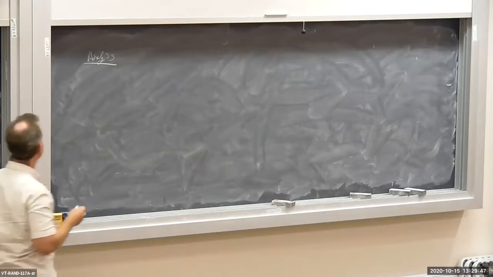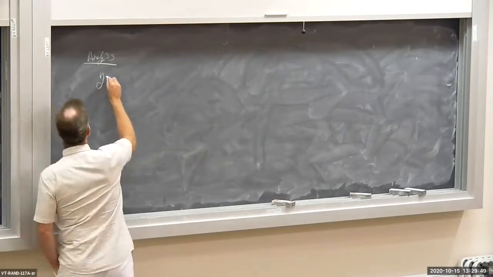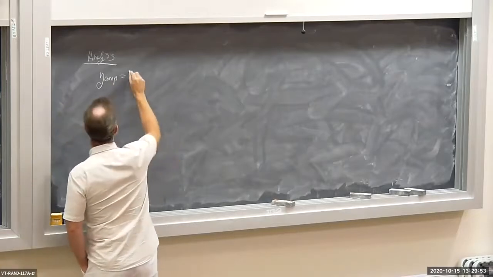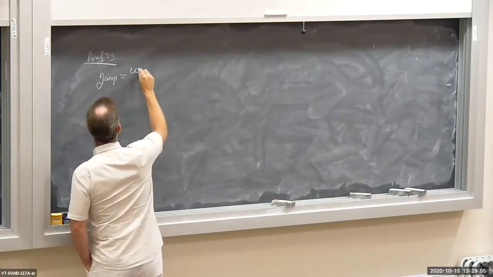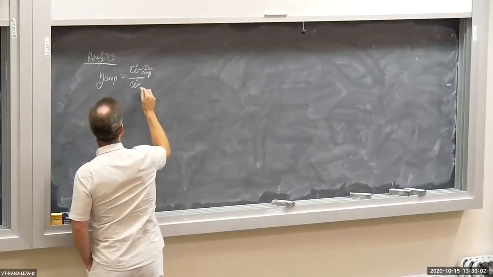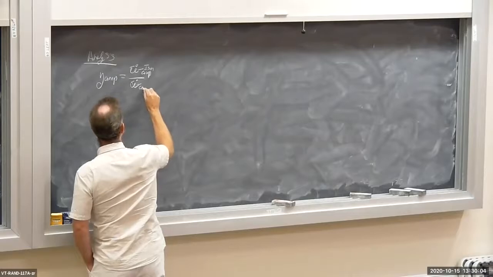Let's see here. So the definition of isentropic efficiency for the compressor is equal to W dot for the isentropic compressor divided by W dot for the real compressor.